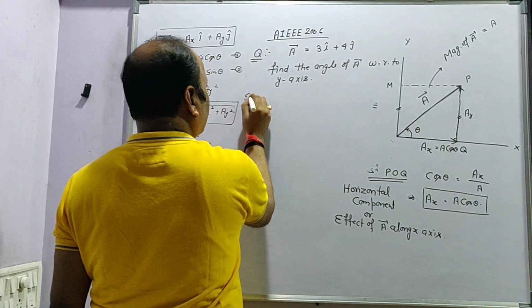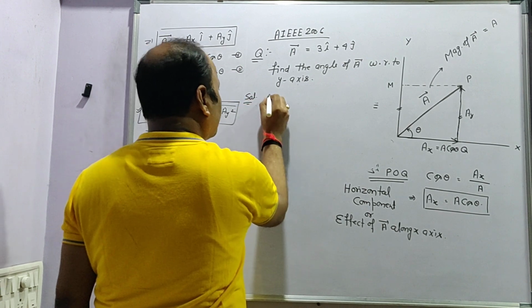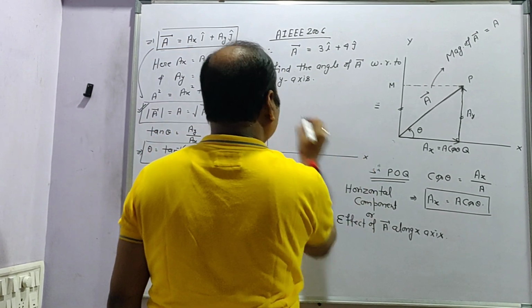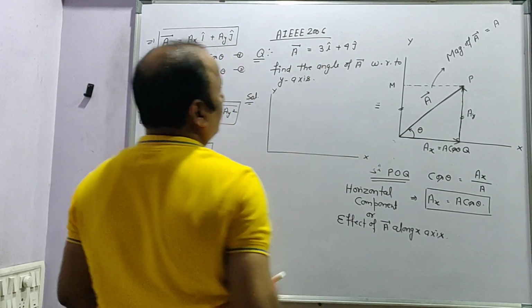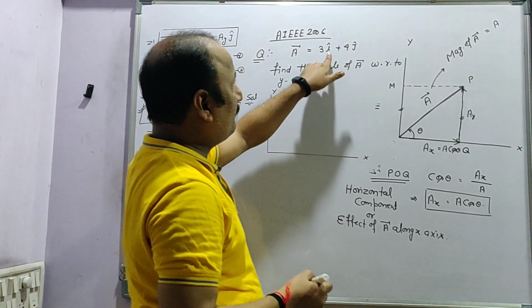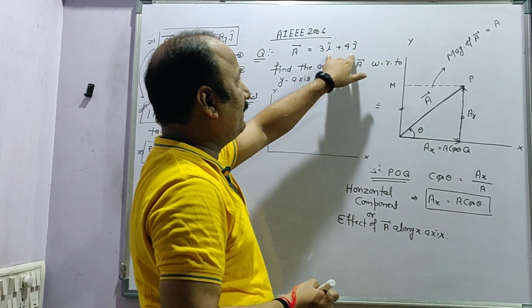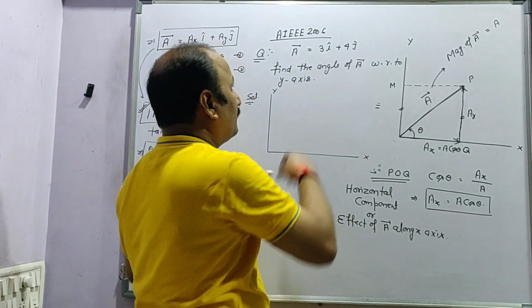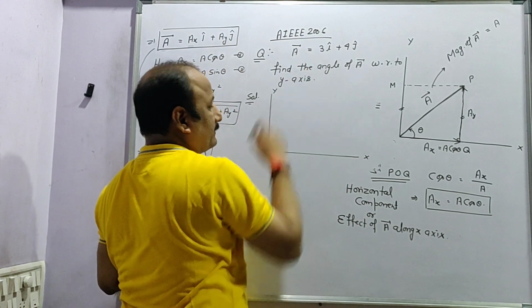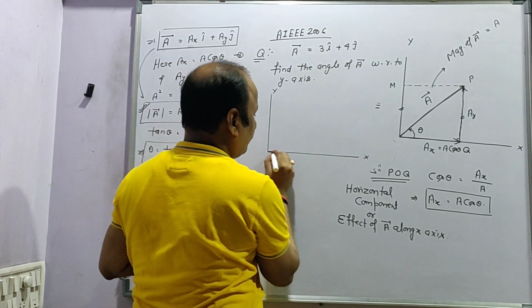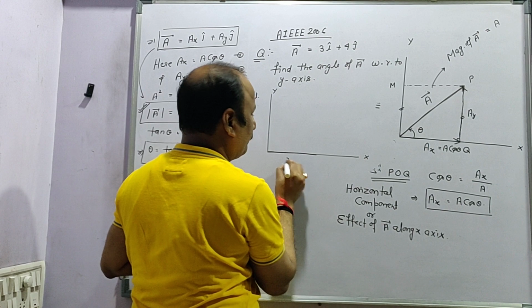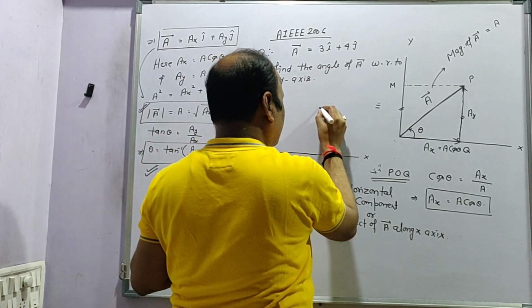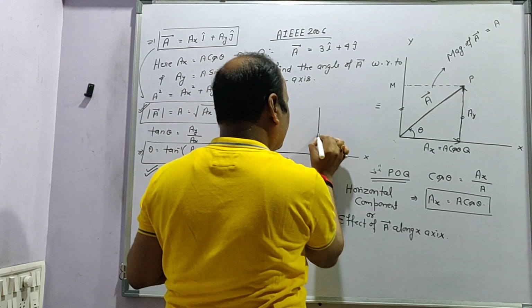Okay, now according to the question, a vector is given along i cap plus j cap, means it is a 2D vector expressed in the xy plane. The effect of this vector along x-axis is 3 unit, and the effect of this vector along y-axis is 4 unit.